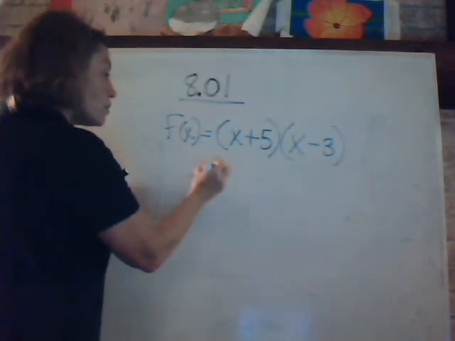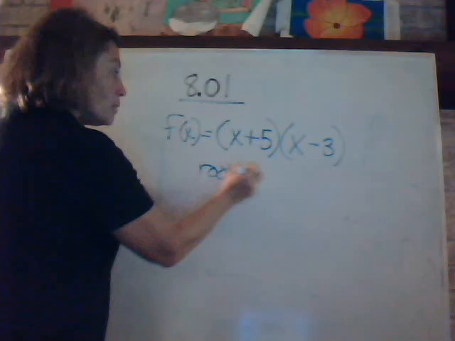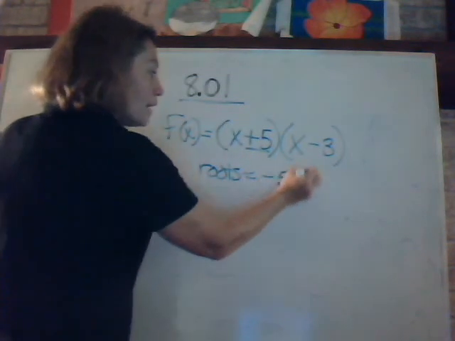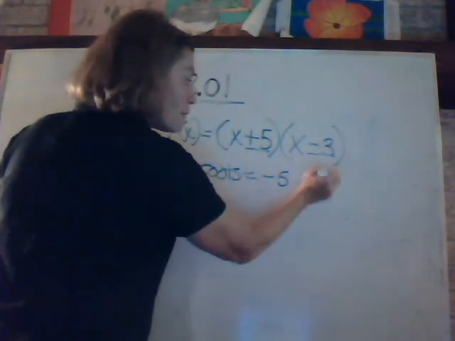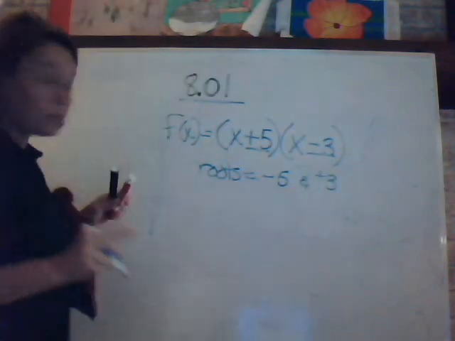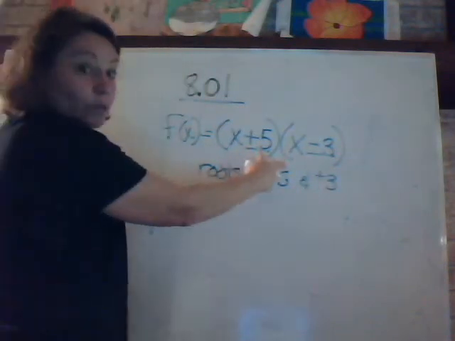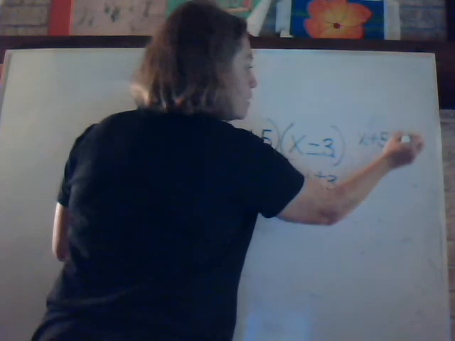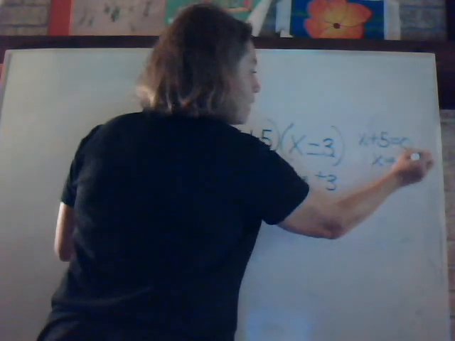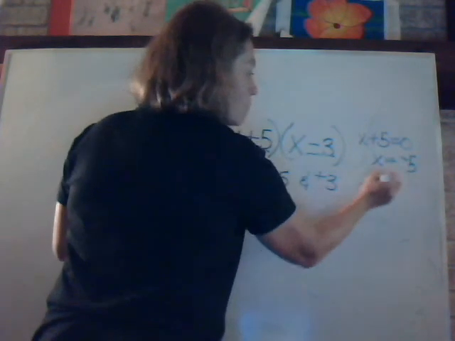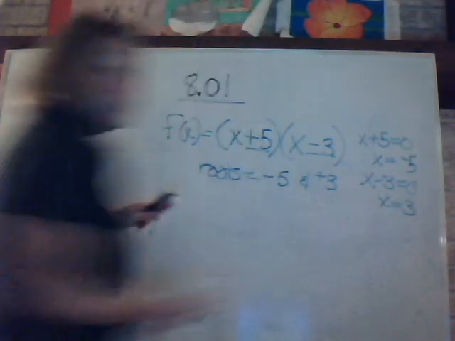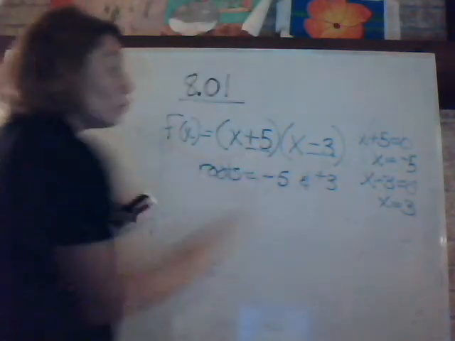My roots are going to be negative 5 and positive 3, right? Those are my roots because I set these equal to 0. So when is x plus 5 equal to 0? When x is negative 5. When is x minus 3 equal to 0? When x is positive 3. So that's why I'm finding the roots.